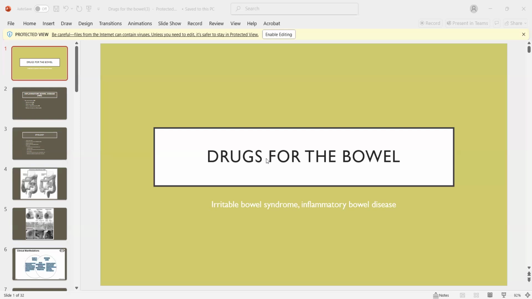So the 2 tests you're going to do, if people are on those, is liver function test and a complete blood count. In order to metabolize these drugs, there is an enzyme that's called thiopurine methyltransferase.